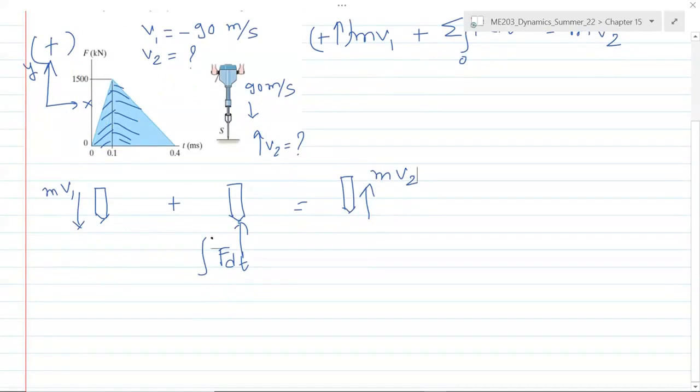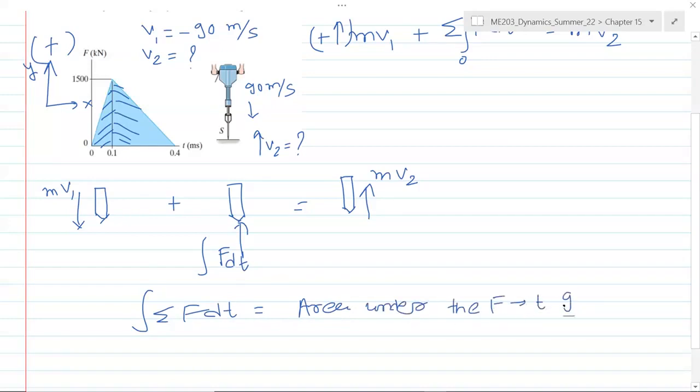Before we apply this equation, we need to calculate the value of the impulse, and that's the area of this graph. So the integral of sigma F dt is equal to the area under the F-t graph.